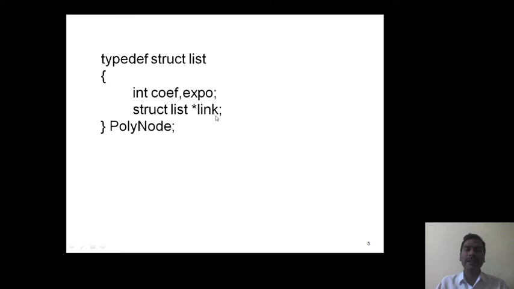Now this entire data type is referred to with a new name, polynode. So for this data type polynode, it is possible to create any number of nodes.